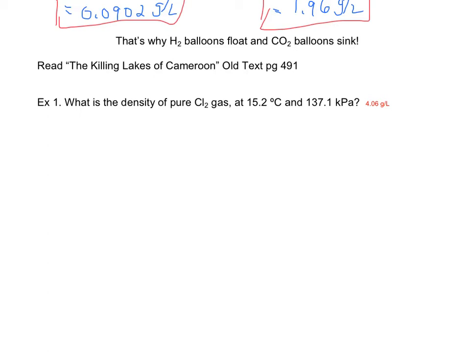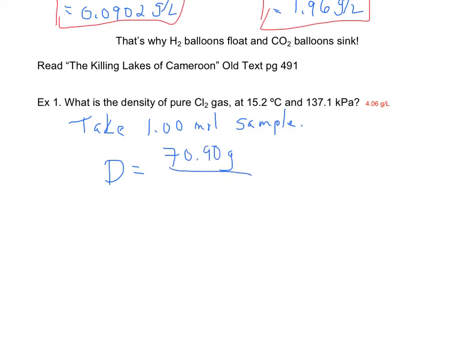So let's take a 1 mole sample again. The density will be the mass of that sample. Because it's Cl2 gas, I take the molar mass of chlorine and times it by 2. I get 70.90 grams. And now I need to find the volume of that gas sample.